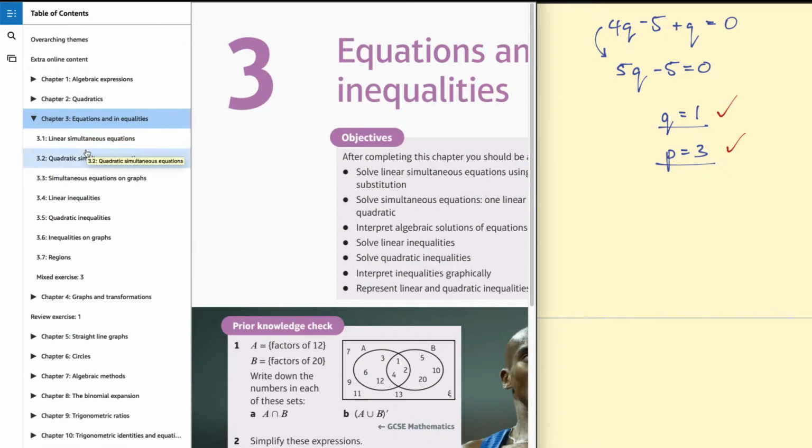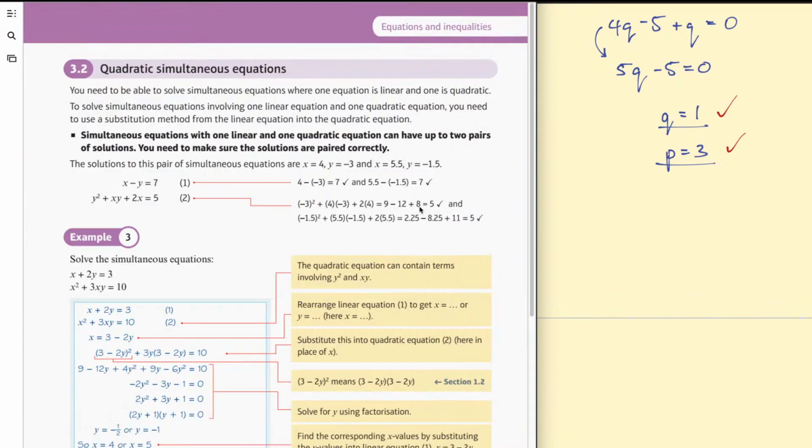You can go into a lot of detail about limits, but I don't think they actually go into that level of detail. Okie dokie, we're on to 3.2.